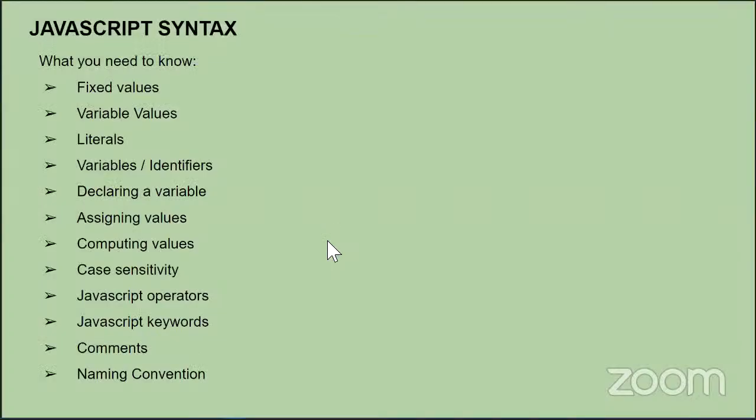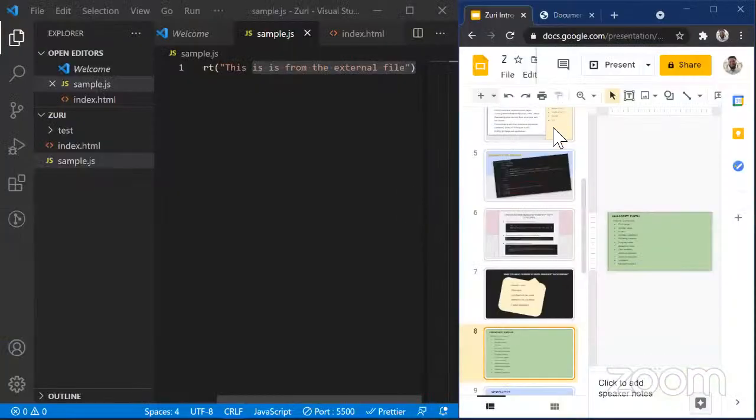Now, the JavaScript syntax, the list of things that you need to pay attention to when we are talking about JavaScript syntax. Number one, you have fixed values. So let me go back to my VS Code and let me hide this.